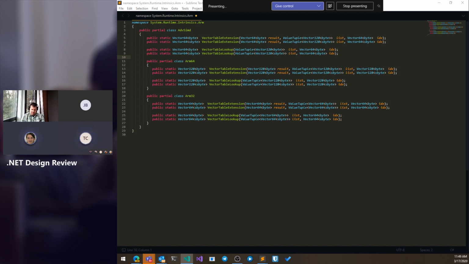And the value tuple from the list argument needs to be dropped. Sorry, Tama, you just said what should be dropped? The value tuple should be dropped, probably, right? Yeah. How do we do this?